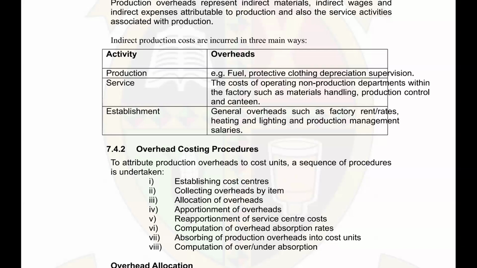The production management salaries, the salaries of those people who are doing management, all those are examples of indirect costs or overhead costs. They cannot be traced to a very specific product, a very specific service.